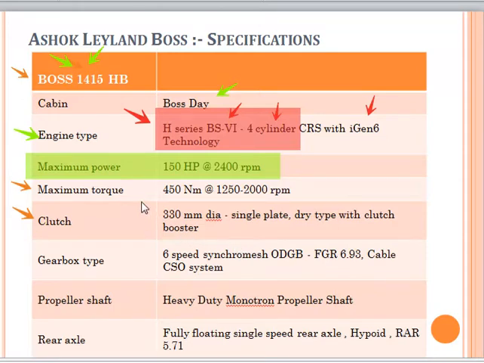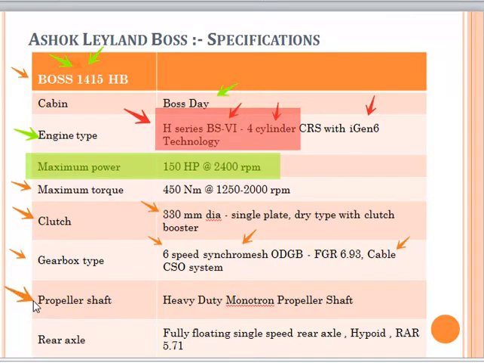Gearbox is what? 6 speed. So there are 6 speed options, and synchromesh, and this is a cable assisted gearbox. Cable assisted means the lever is directly connected with the cable, so the driver's effort to change the gear is quite reduced. These details are the names given by the manufacturer.